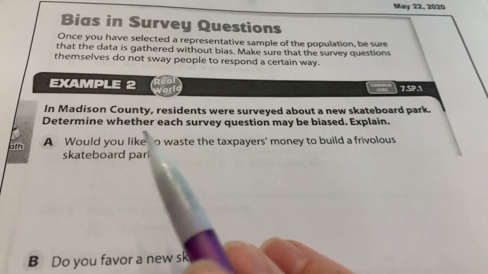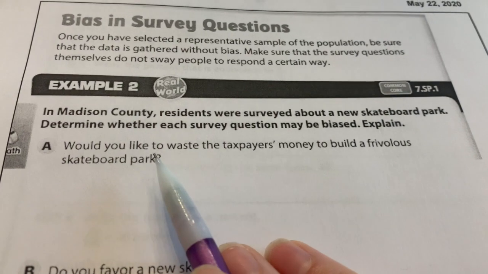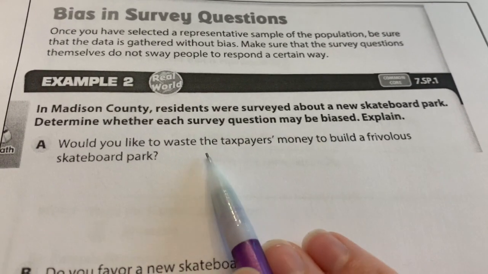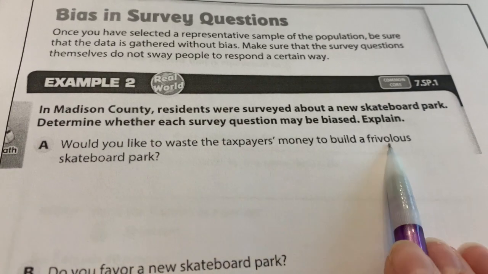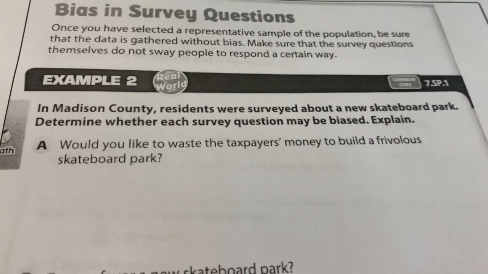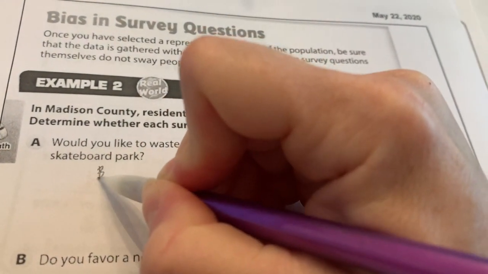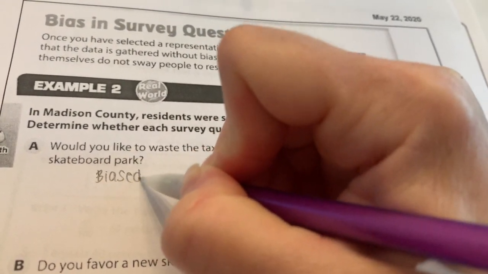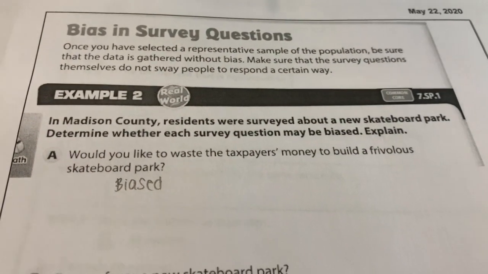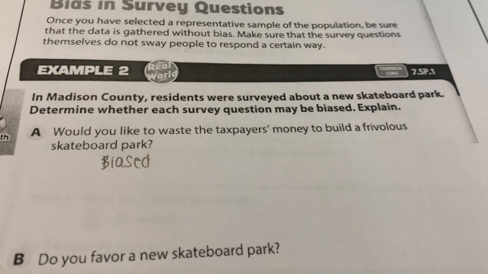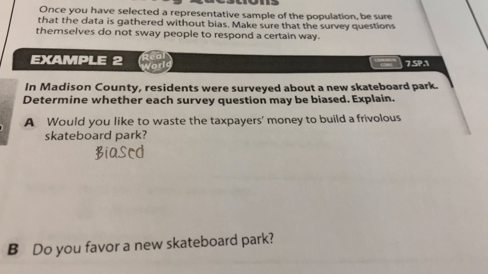Obviously this question, just reading it, is making you think that this skateboard park is a waste of the taxpayers' money, and the word frivolous means that it's unnecessary, right? So this is definitely a biased question. You're not going to get somebody's real, legitimate opinion necessarily if you're phrasing a question like that. Okay? So this would definitely be biased.